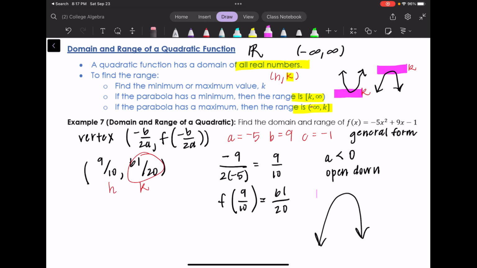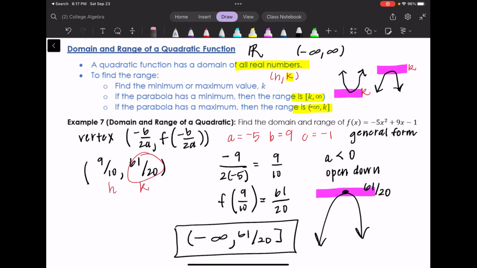And so this maximum value right here is going to be located at 61 over 20. So your range is going to be from negative infinity to 61 over 20 inclusive. And if you like using the formula, it's exactly this one right here. So this is K, and so we apply that here.